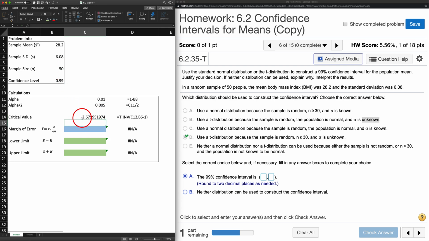That gave us a negative value since we found the left critical value, so maybe we'll adjust that to be a positive one, so we can multiply that by negative 1. Alright, it's a little overly accurate. Let's also get rid of some of those decimals.